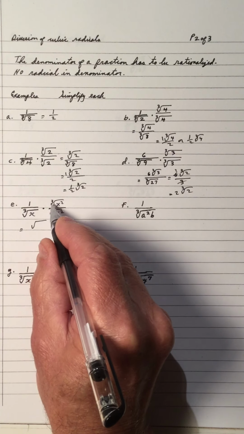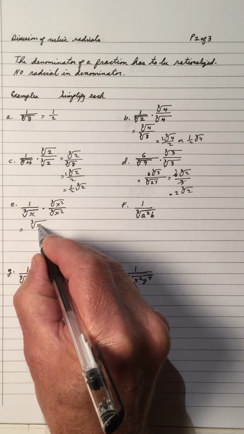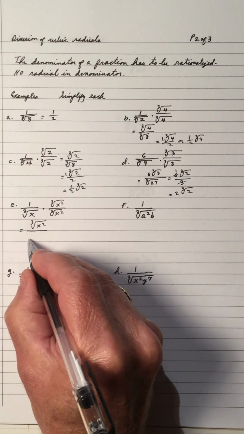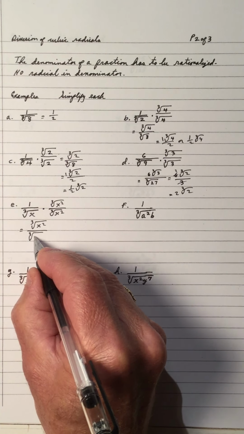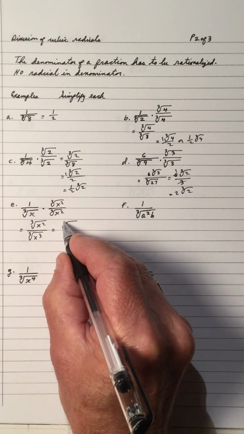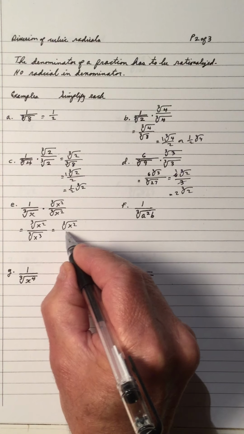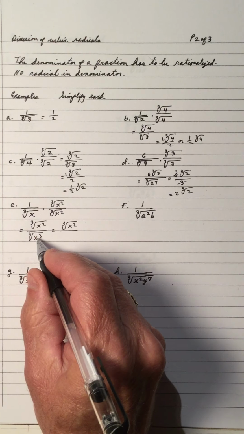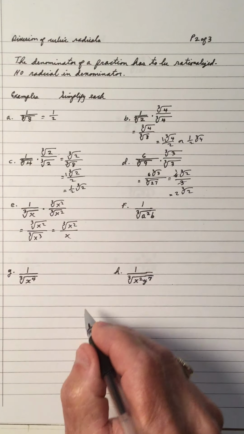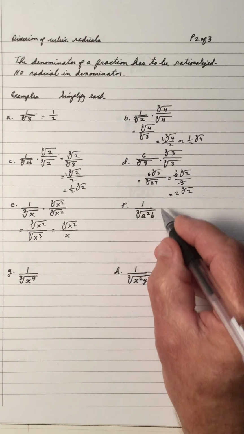So 1 times the cube root of x squared. There it is. The cube root of x times the cube root of x squared is the cube root of x cubed. And that gives me the cube root of x squared on top. The cube root of x cubed is just x. And I could have a 1 over, or leave it like that.